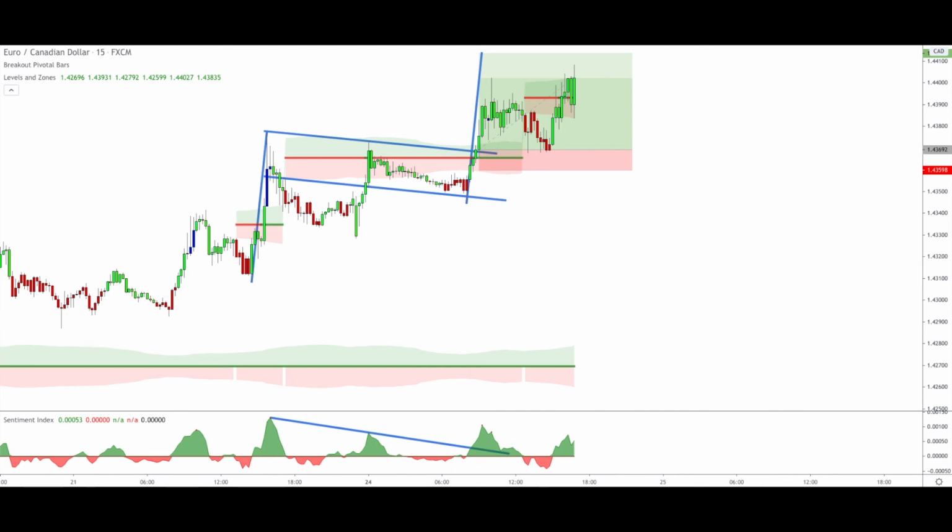We should definitely get to our target, because once we have this kind of setup and movement, we typically have the same length as the previous impulse, and so I'm expecting to reach the level.